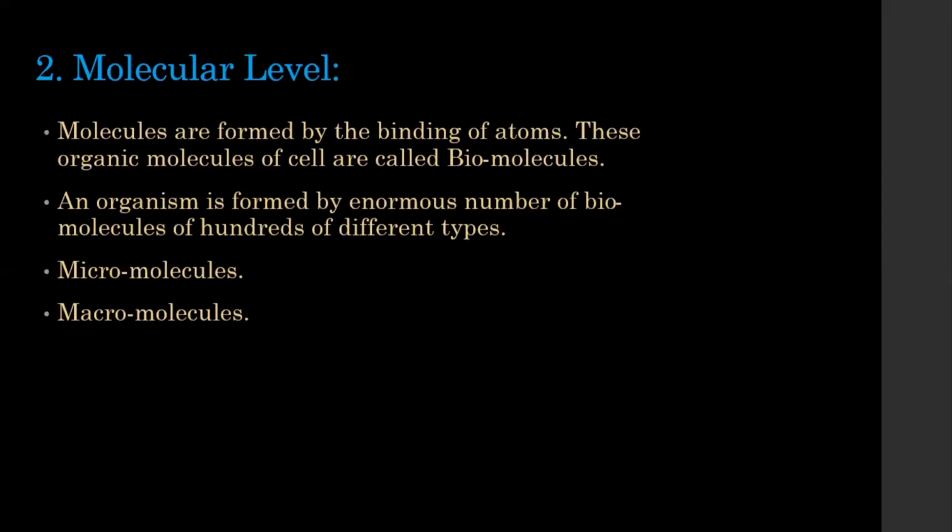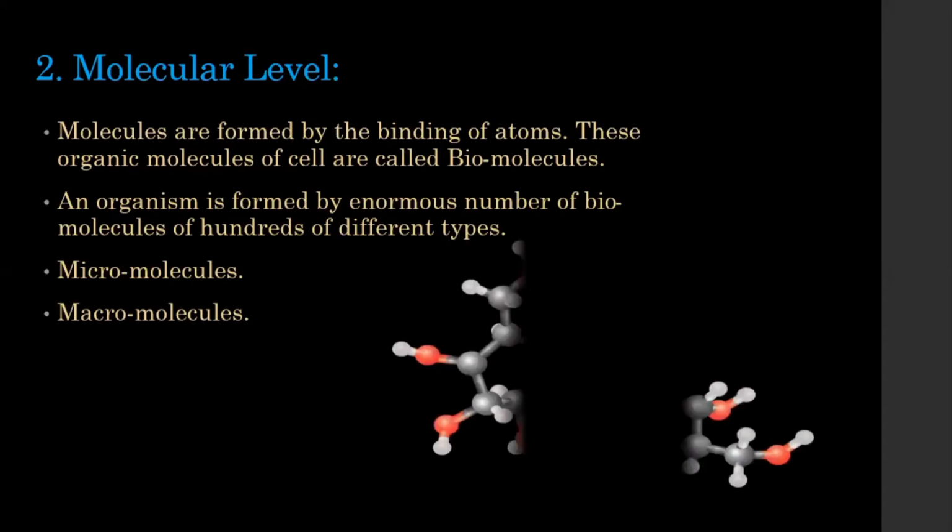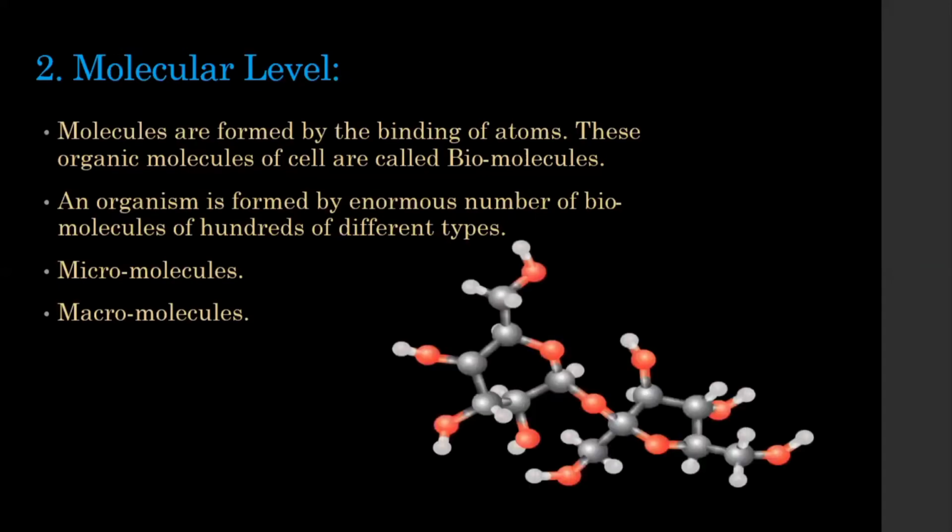The stable particle formed by such bonding is called a molecule or biomolecule. An organism is formed by an enormous number of biomolecules of hundreds of different types. These molecules are the building material and are themselves constructed in great variety and complexity due to specific bonding arrangements.